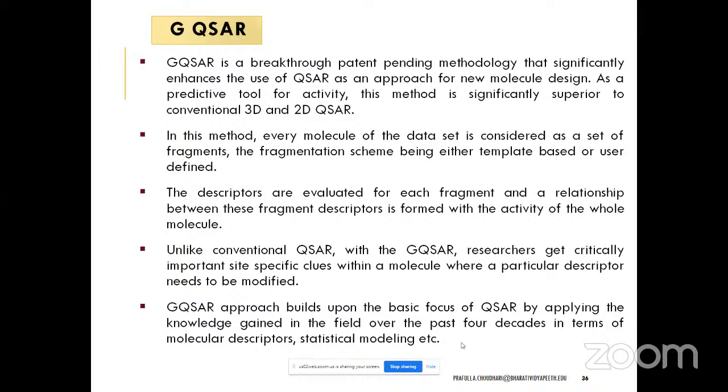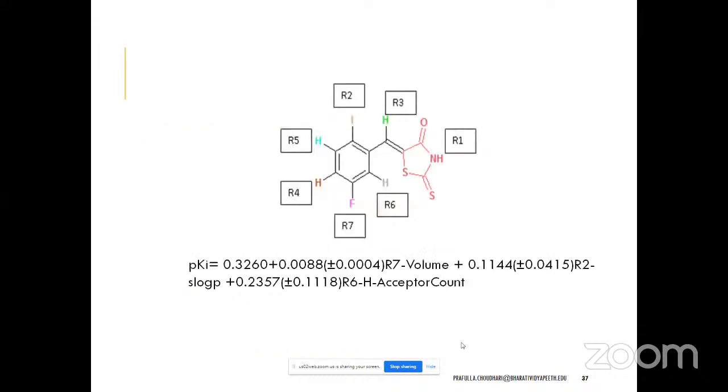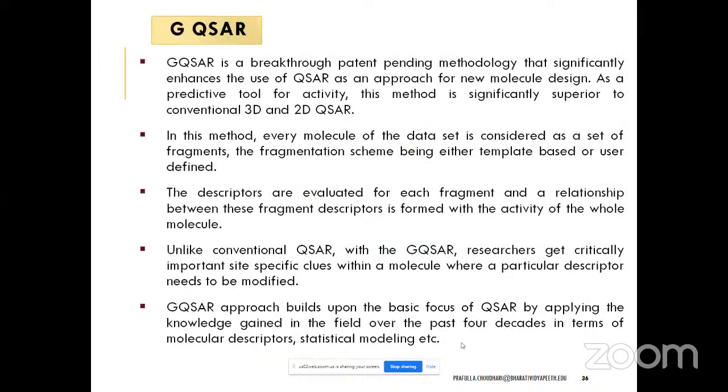That is GQSAR, that is group-based QSAR. Now, what happens in this GQSAR? In this method, every molecule of a data set is considered as a set of fragments. It's also called fragment-based QSAR, and the fragmentation scheme is either template-based or user-defined. It means you can fragment a molecule as per a template.